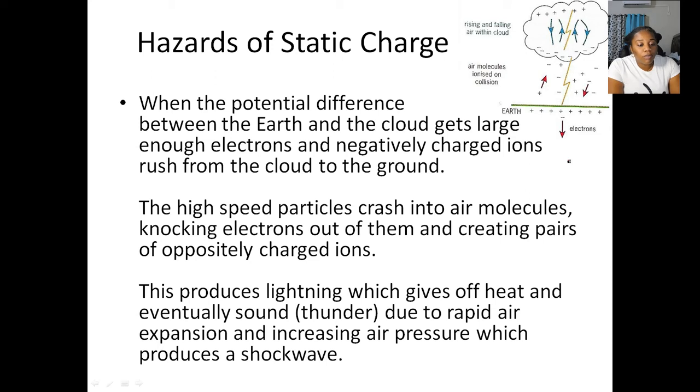The high-speed particles crash into air molecules, knocking electrons out of them and creating pairs of oppositely charged ions. This produces lightning, which gives off heat and eventually sound, which is known as thunder, due to a rapid air expansion and increase in air pressure, which produces a shock wave.